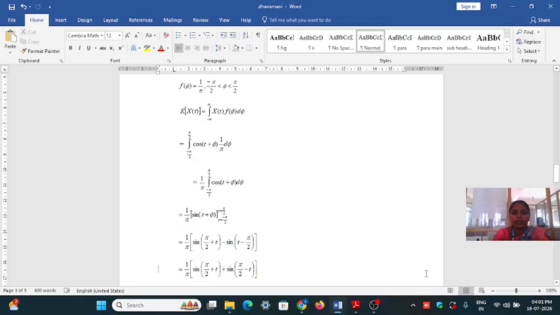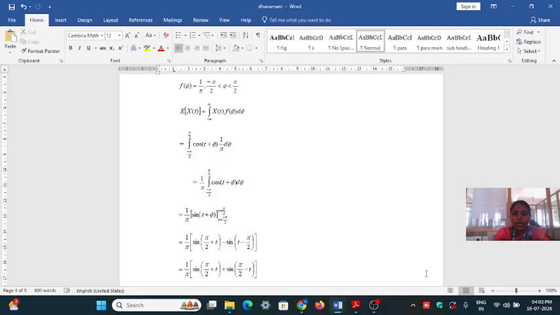Next, integral of cos. So 1 by pi, the constant, let us take outside: 1 by pi into the integral from minus pi by 2 to pi by 2 of cos(t + pi) d pi. What is the integration of cos? The integration of cos is nothing but sine. So 1 by pi into sin(t + pi), with limits pi equals minus pi by 2 and pi equals pi by 2.